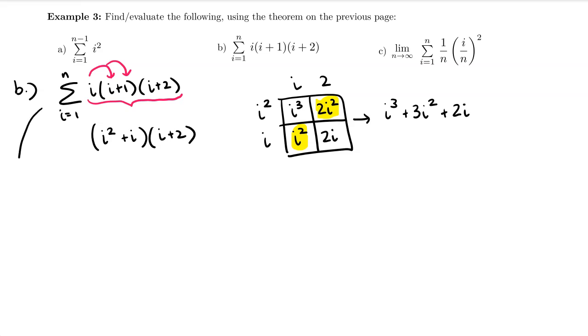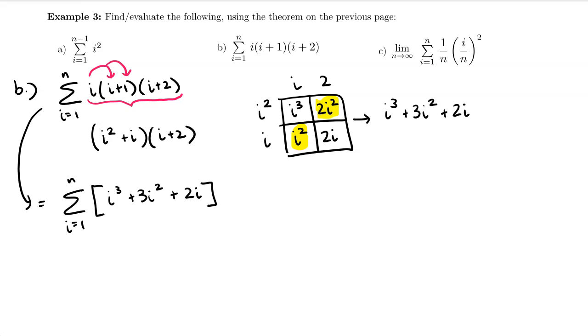Okay, so this summation is equal to, make sure that you put either brackets or parentheses around the entire expression. Otherwise, it would be incorrect because the summation is being applied to the entire expression I cubed plus 3I squared plus 2I. Okay, what do we do from here?